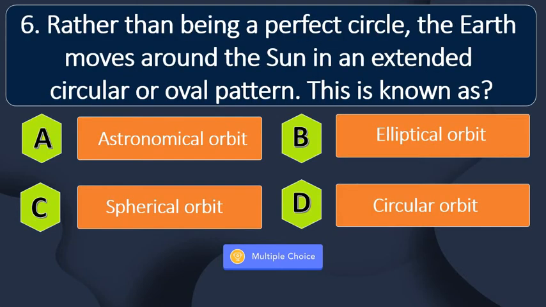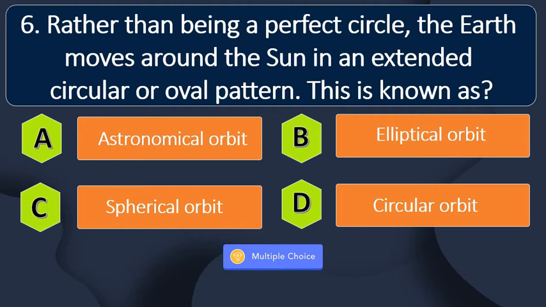Number 6. Rather than being a perfect circle, the Earth moves around the Sun in an extended circular or oval pattern. This is known as A, astronomical orbit, B, elliptical orbit, C, spherical orbit, or D, circular orbit. You're correct.